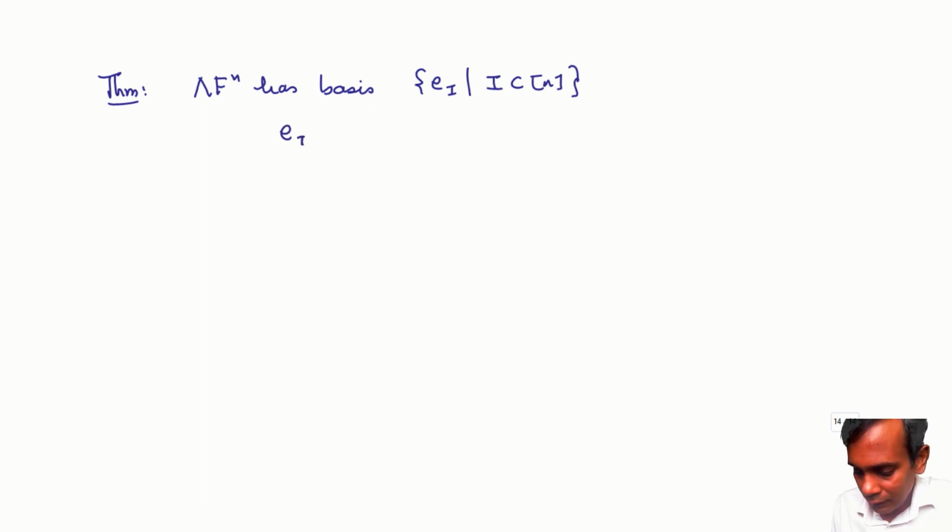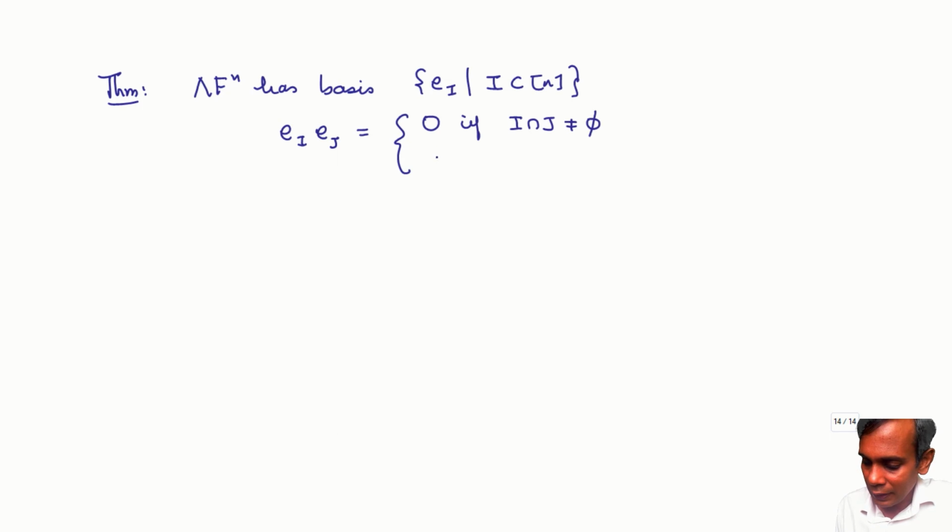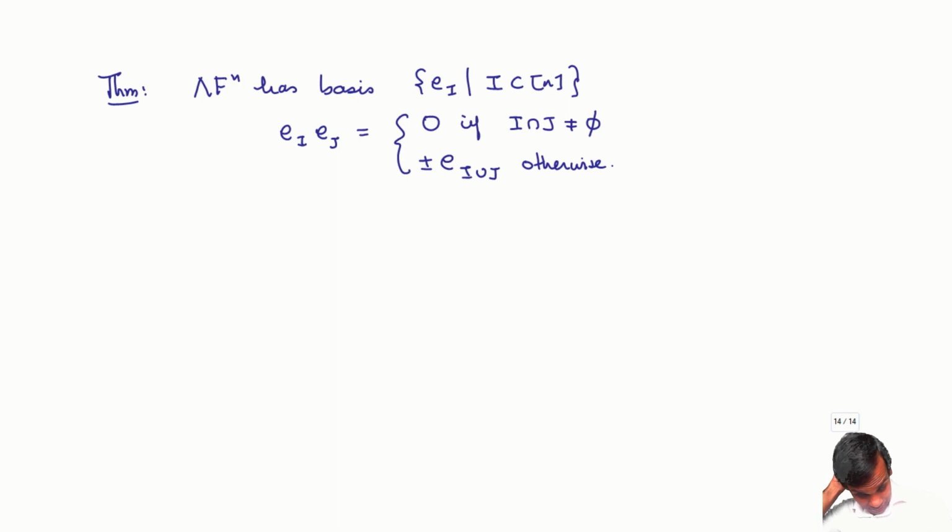So if you have E_I wedge E_J, this is going to be 0 if I intersect J is non-empty, and if I intersect J is empty, then this will be plus or minus E of I union J. The sign has to be worked out when you concatenate the words corresponding to I and J, and then you try to sort them back into increasing order.